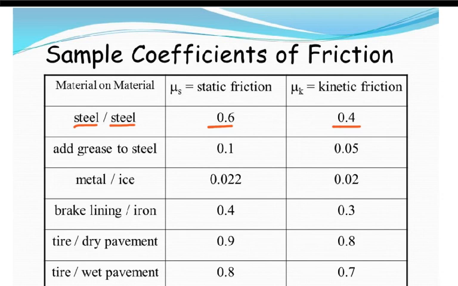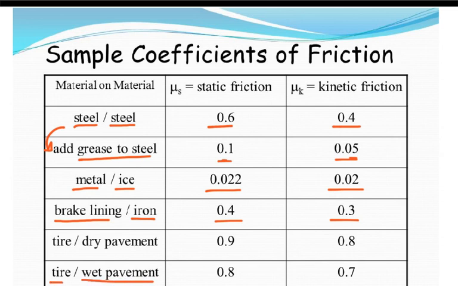So again, if grease is added to the steel contact, then your coefficient of friction changes. Then maybe metal on ice, again, you have a different coefficient of friction. Brake lining on iron, you have different coefficients of friction, and so on. The tire on wet pavement, you have a different coefficient of friction again.